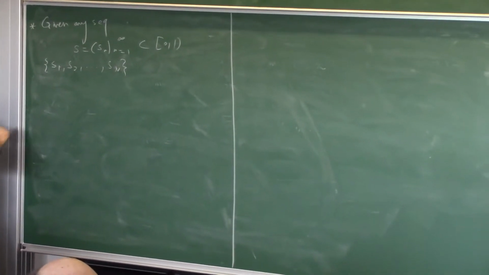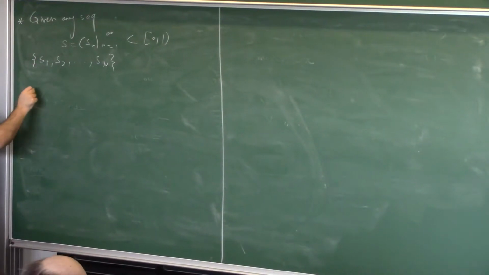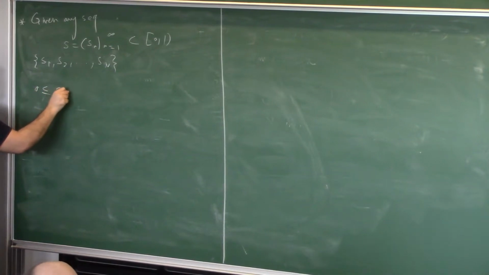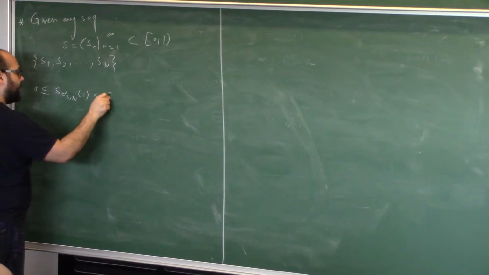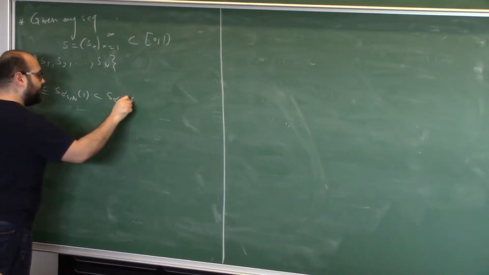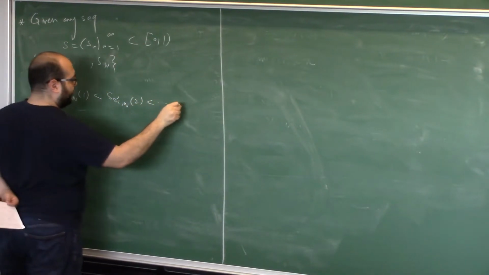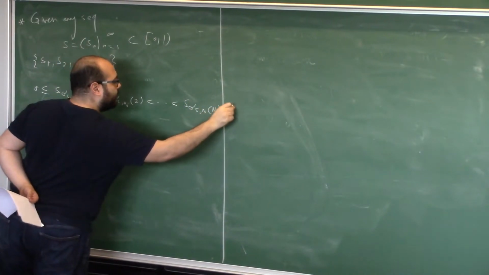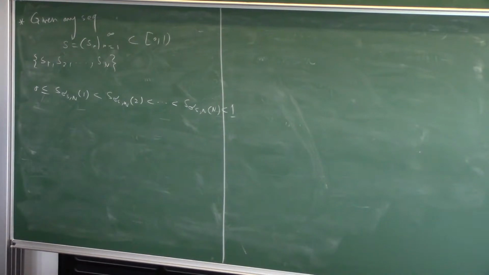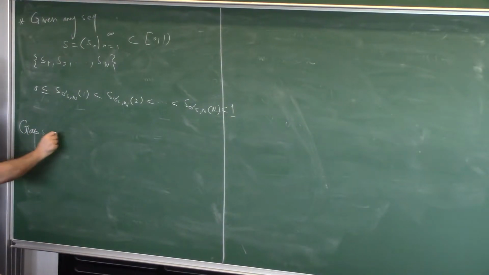That sequence living in 0 to 1 will organize itself as S sigma Sn 1, S sigma Sn 2, all the way up to S sigma Sn n. And the natural thing to ask about would be the gaps that we get for that segment of the sequence.